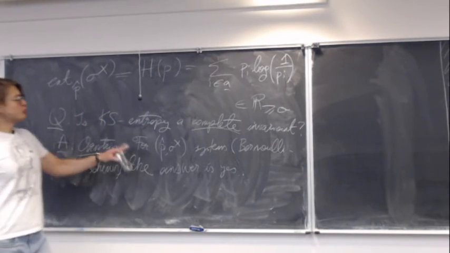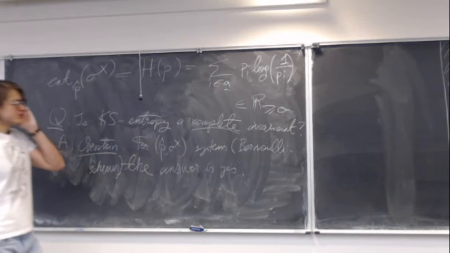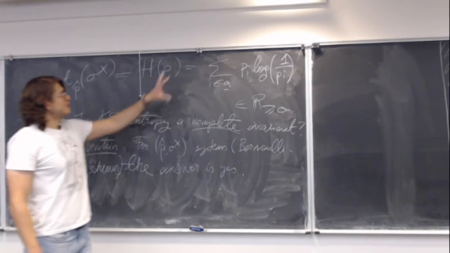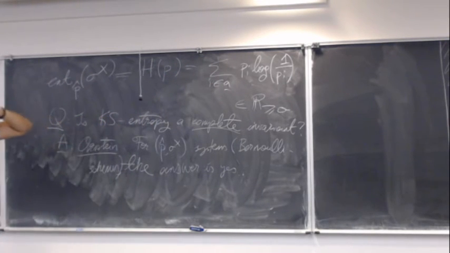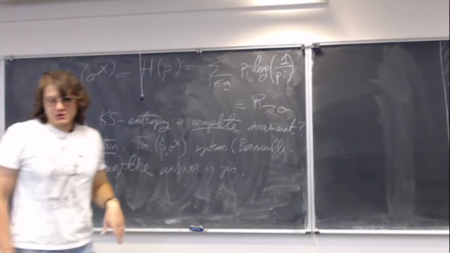That is to say, two Bernoulli schemes are measure theoretically isomorphic if and only if their Kolmogorov-Sinai entropy is equal, is the same.